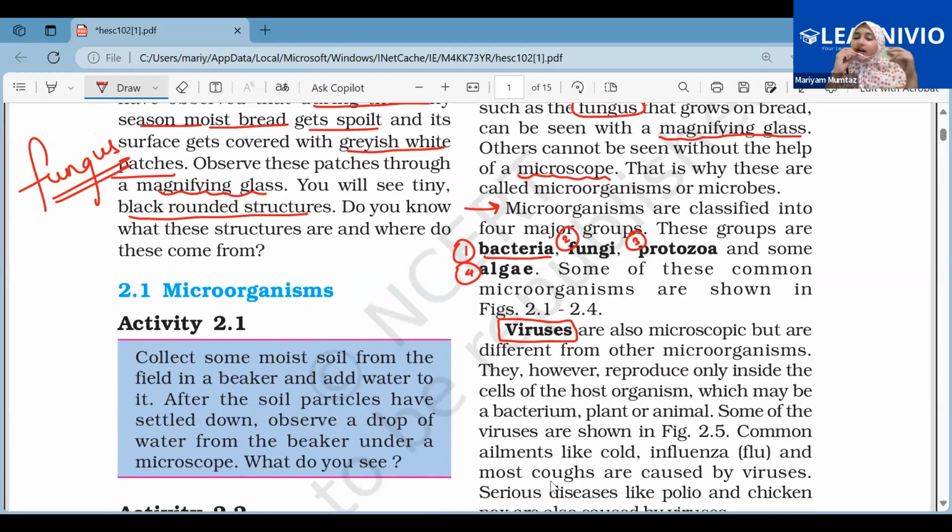Meaning, if the virus is present outside our body, then it is dead. But as soon as it gets inside our body, it becomes alive. So, what will you call it? Will you call it dead or alive?